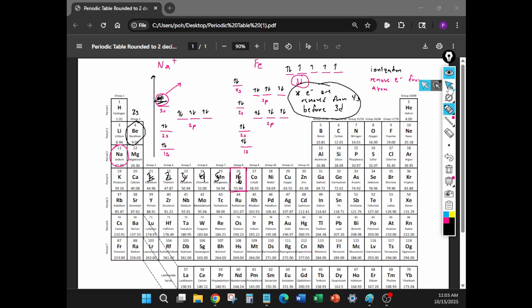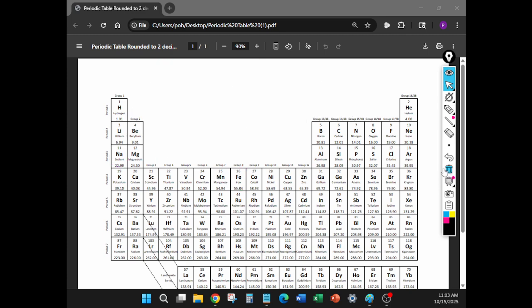Okay. All right. So just to make sure we got it, let's do electron configuration for a couple elements. I want you guys to do the electron configuration for Be2+. You can do noble gas configuration, so if you don't want to do the entire thing, you don't have to.